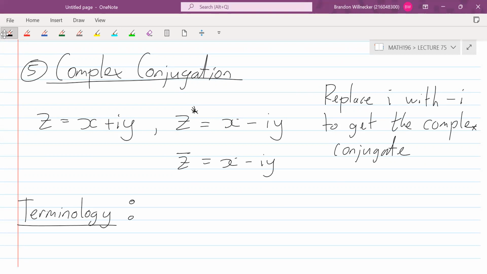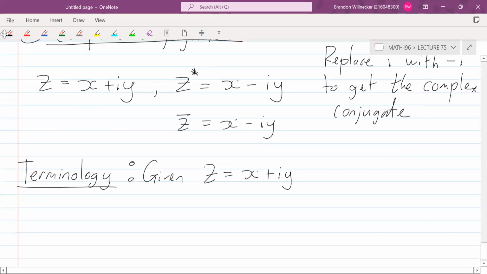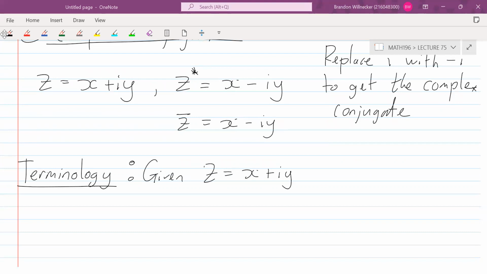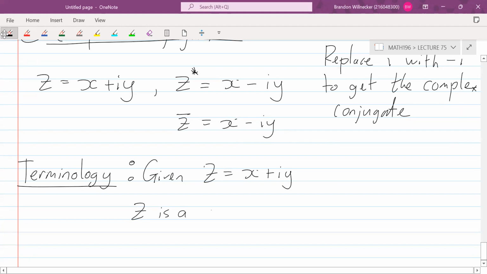Terminology. Given z equals x plus iy, we say z is a complex number.